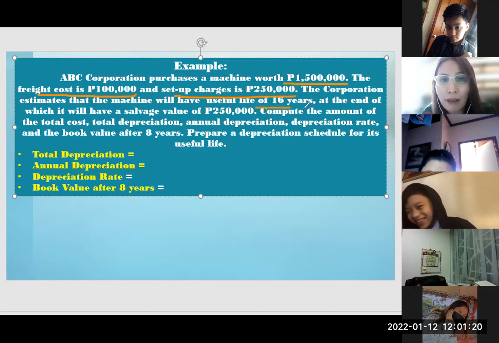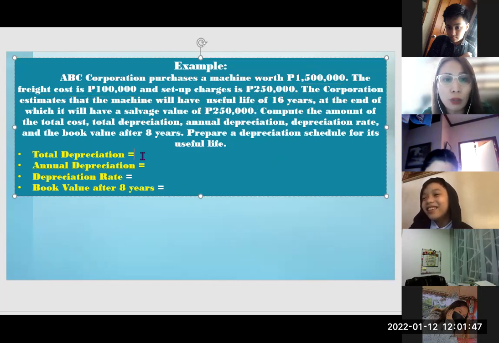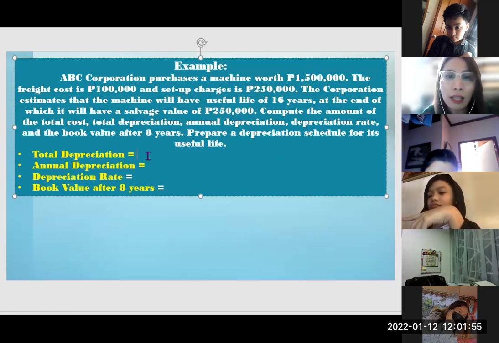This one, the useful life, 16 years. 16 years po ang ating computation this time. Salvage value, 250,000 pesos. Ayan. So, from 1,500,000 pesos, magiging value na lang ng machine na to in 16 years ay 250,000 pesos na lang. That's the salvage value. Now, let's compute. For the total depreciation, annual depreciation rate, book value after 8 years, and the depreciation schedule.